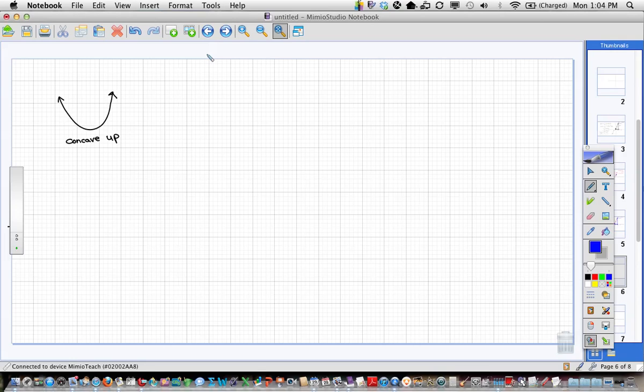Curved in such a way that it would hold water, if you will. All right? And then the reverse of that, of course, would be concave down. Now, we don't want to confuse that with convex, or I don't even know the difference. But, so concave up and concave down. All right? And you get curves that have some of both in them.